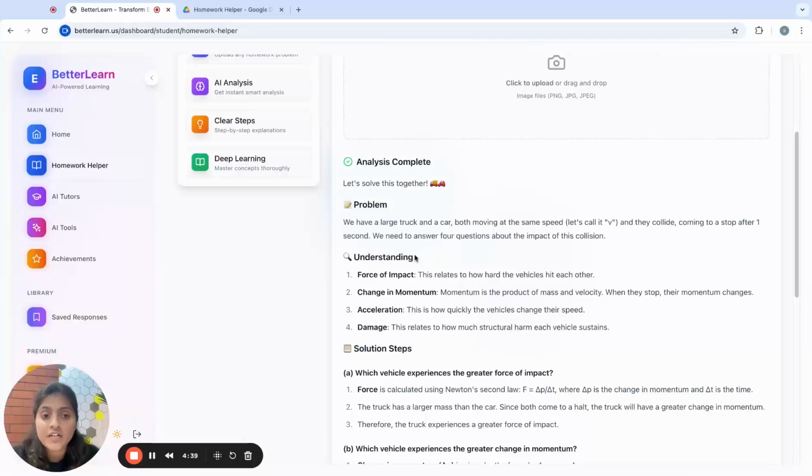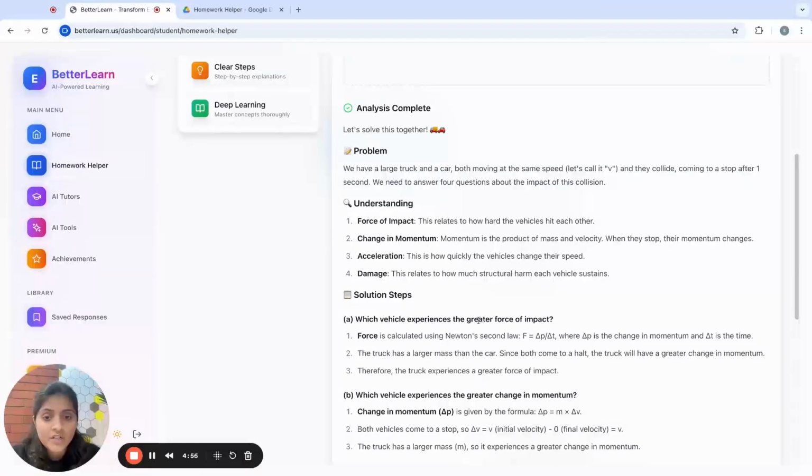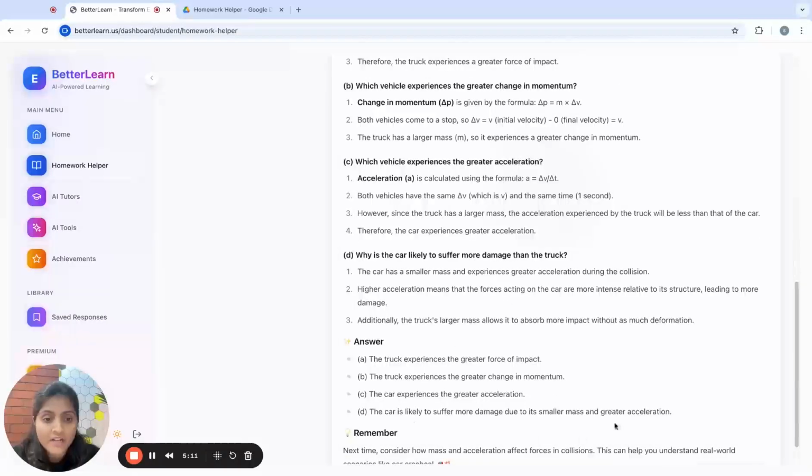You can see that we have the feature of understanding. Here you can see that it explains all the terms that are used in this particular question, which makes learning much easier. And you can see that it answers each question in steps as well, and after explaining everything, the final answer. So it is very easy to understand each section of this question.